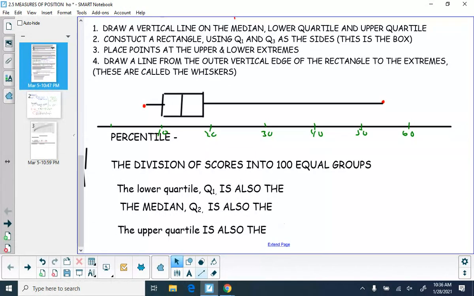Something that's also very common, especially at this age level, to know is what is called a percentile rank. Why? Because you've taken an ACT test. A percentile rank is the percent of scores that are below a particular score.